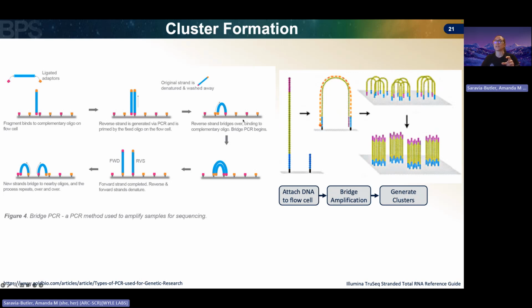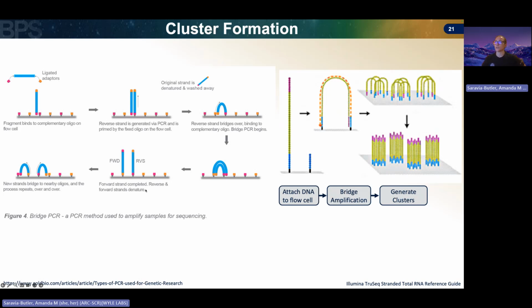However, if you're sequencing the same strand millions of times, you are going to end up with the overwhelming signal coming from the correct base that's being incorporated into your sequence as you synthesize it. So again, cluster formation, making millions of copies of each strand that you're going to be sequencing. The reason for this is to minimize any errors that come from the sequencing by synthesis mechanism process.